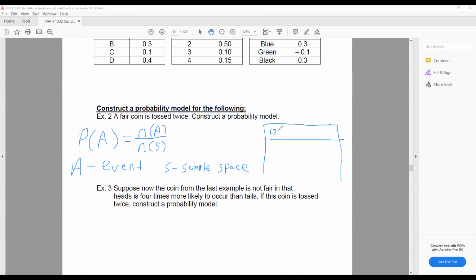Outcome here, right? Here I'm just going to call it probability of whatever event we're talking about and keep it shorter. So the first event is getting heads. Probability of getting tails.